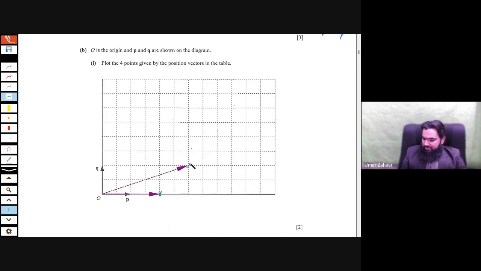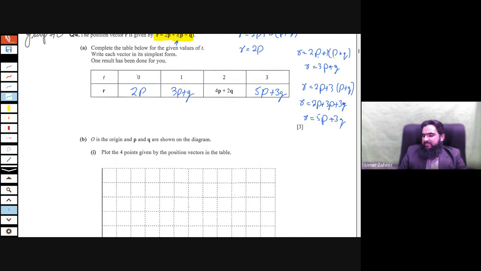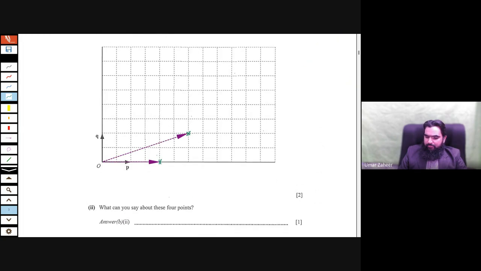So you will reach here. This is the coordinate. The next one we have 4p plus 2q. 4p plus 2q. 1, 2, 3, 4, 1, 2. So you reach this point.